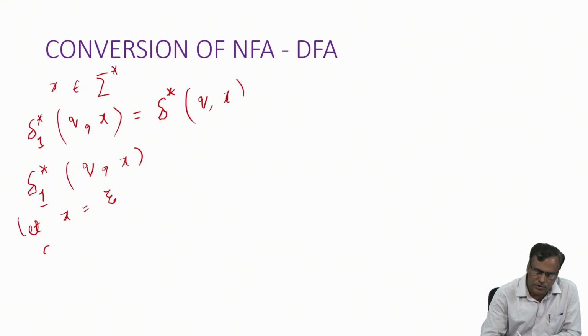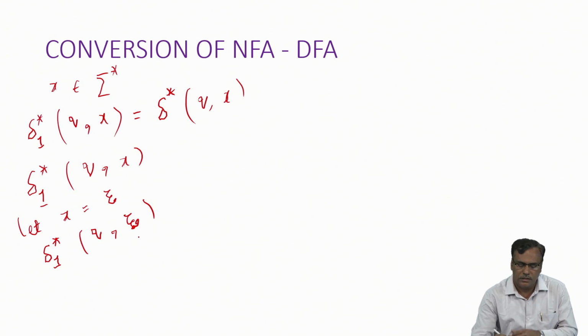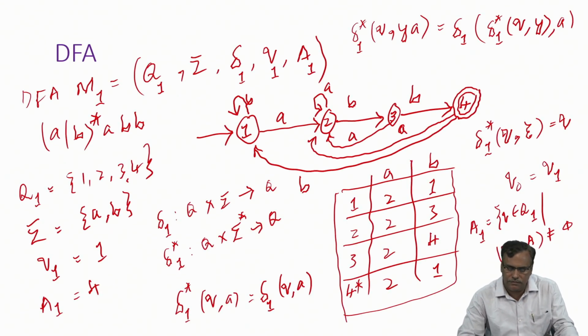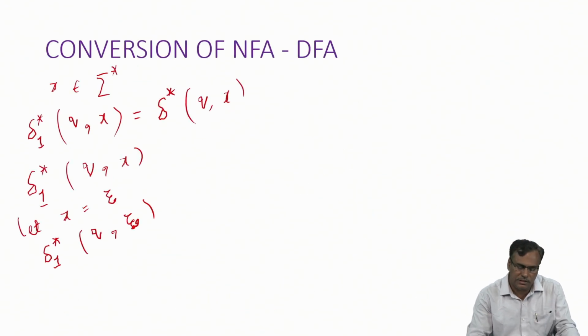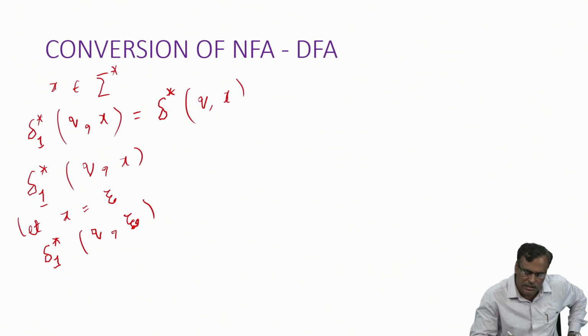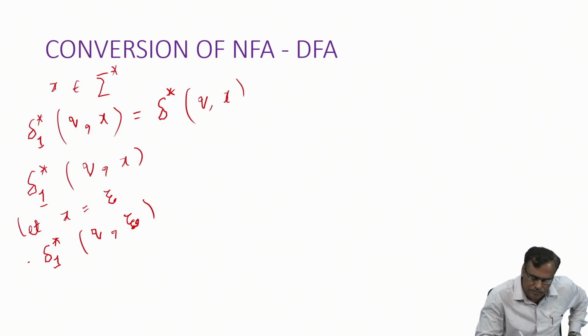Then you get delta 1 star of q epsilon. With respect to this DFA, delta 1 star of q epsilon is q itself.